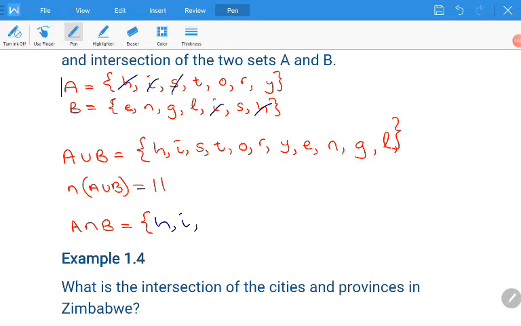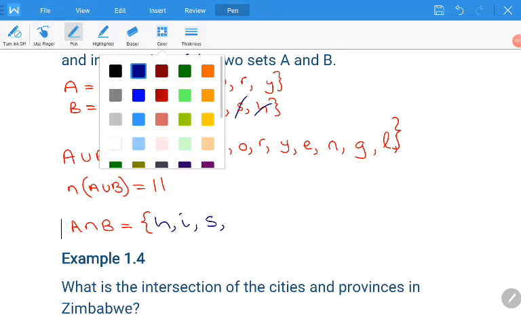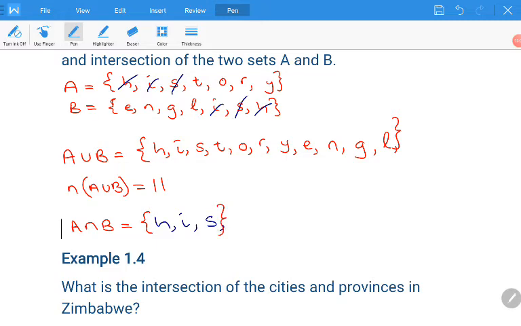We have S, which is common, we put S here. Then let's check if there is anything else. T is not common, O is not common, R is not common, Y is not common. So this set is composed of 3 elements. So the number of elements in A intersection B is equal to 3.